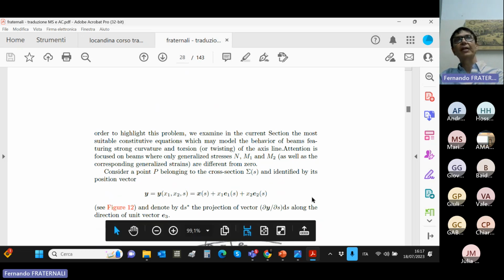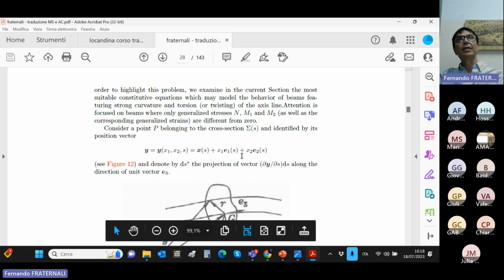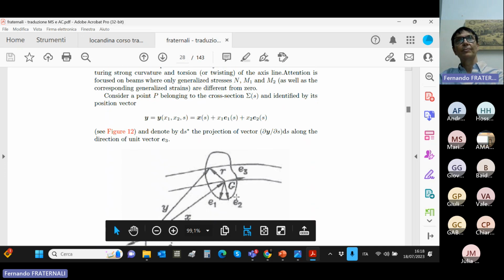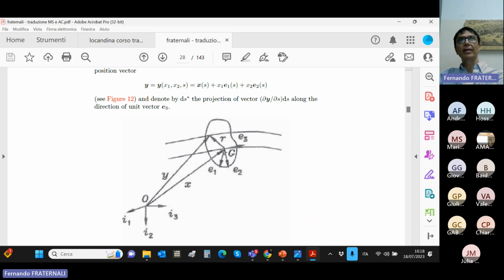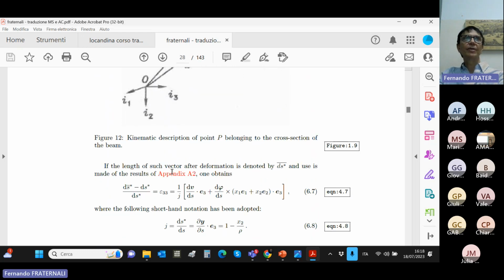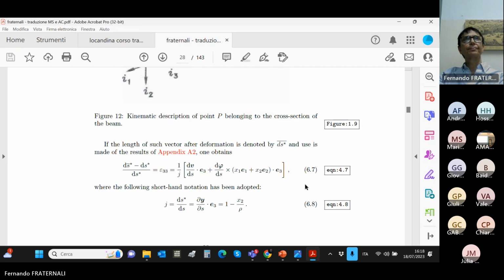Again, the position vector of the generic point is obtained by summing to X, which is the position vector of the centroid, vector R, which is given by x1 e1 plus x2 e2. And we obtain the expression of epsilon 3 that we have already shown before.